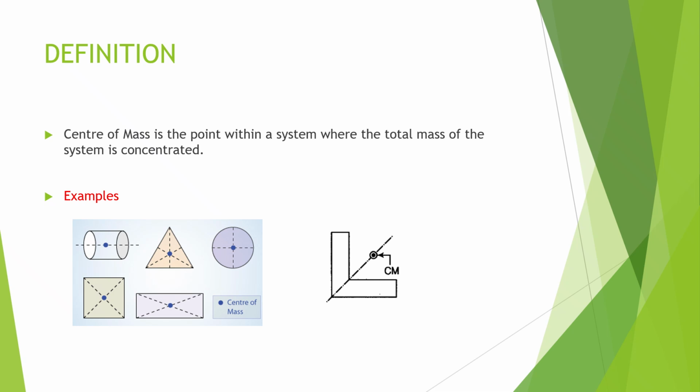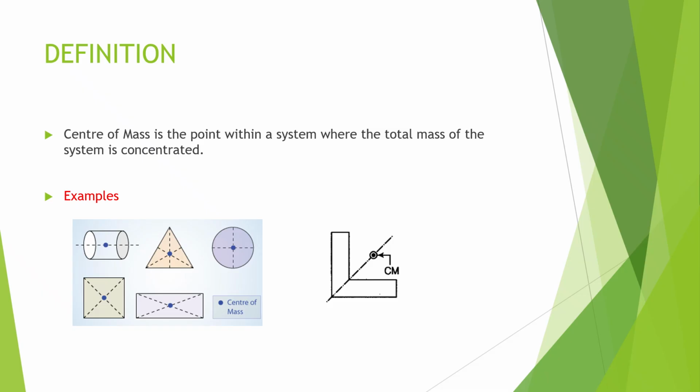So what is the definition of center of mass? Center of mass is that point in an object where the entire mass of the body is supposed to be concentrated. In other words, I can imagine that I can replace the entire body by a single particle.